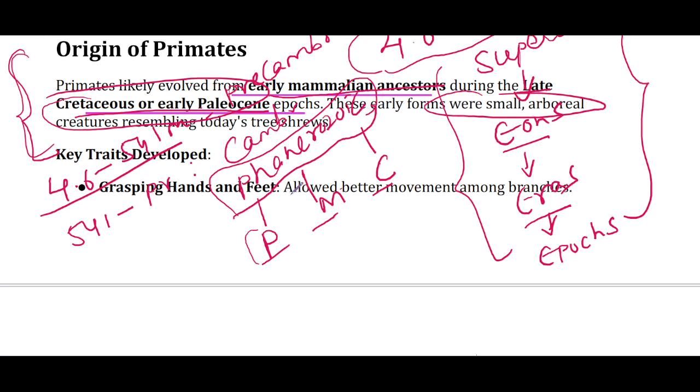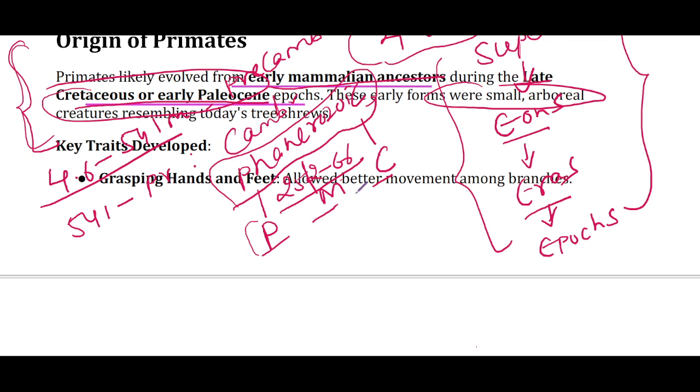The Mesozoic started around 252 million years ago and ended around 66 million years ago. The Mesozoic's epochs are Triassic, Jurassic and Cretaceous.